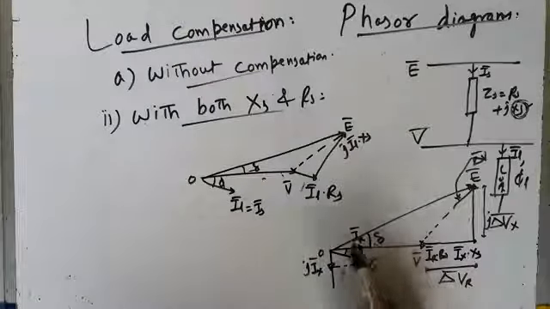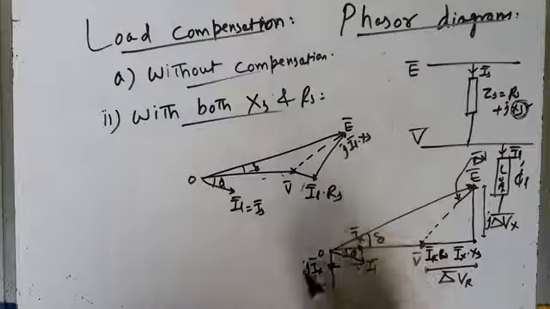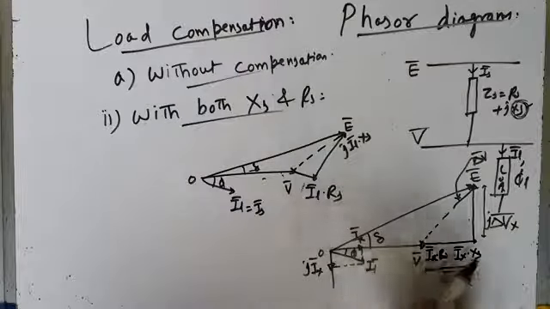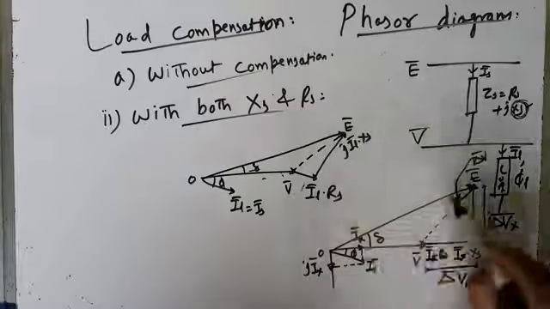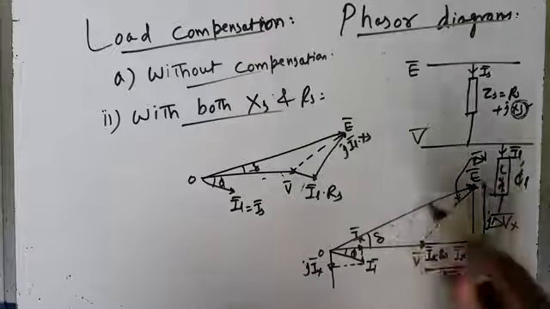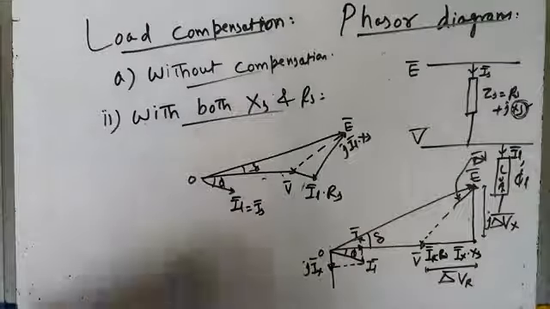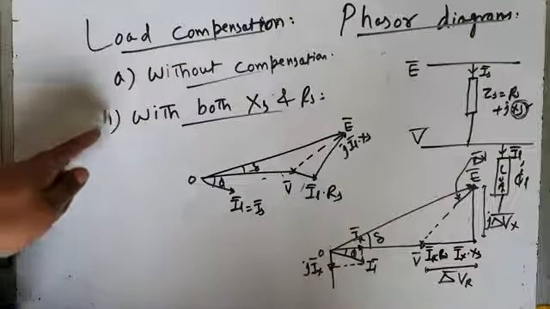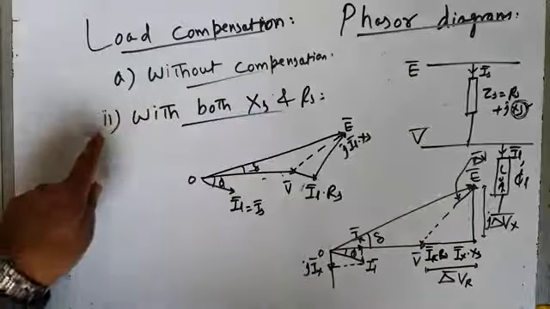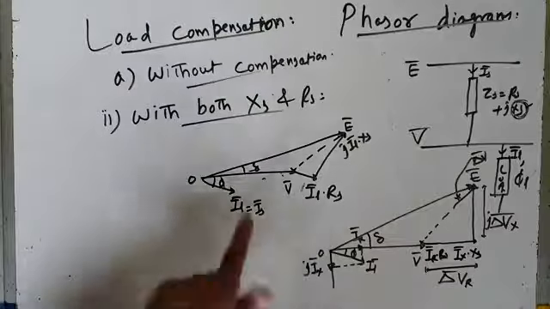In terms of these components, various voltage drops are drawn, and V is already there, you get E. Okay, so this is without compensation. Without compensation, first case was with XS only, and second with both XS and RS.